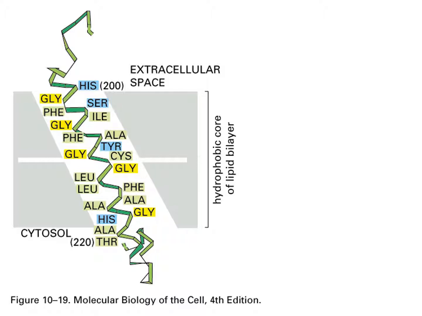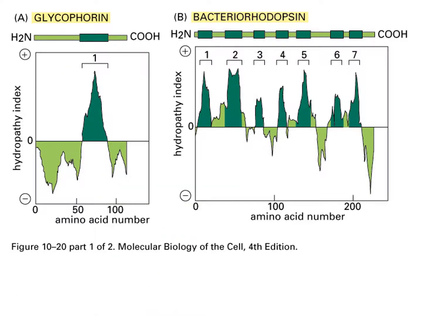So this shows an alpha helix through here and the hydrophobic core. About 20 amino acids are required to go through a lipid bilayer, so you can make predictions.